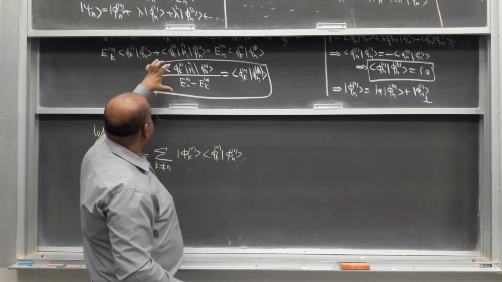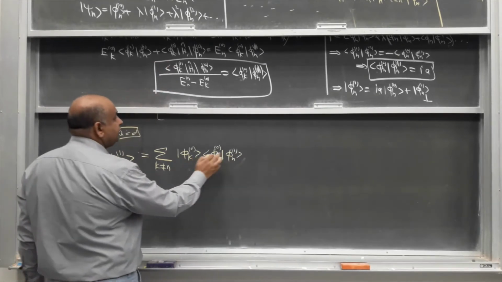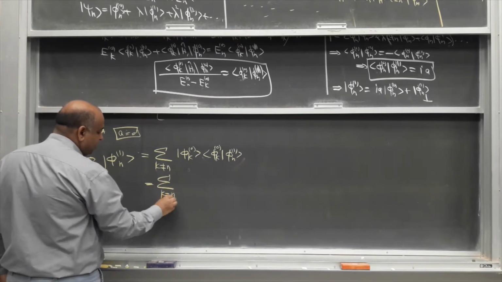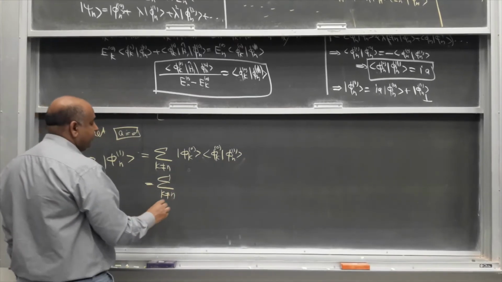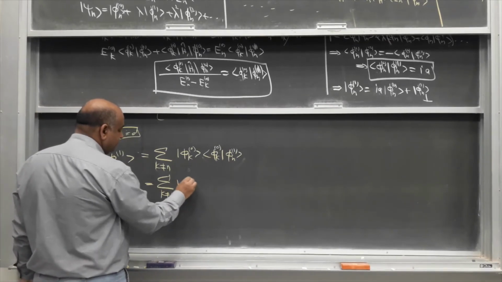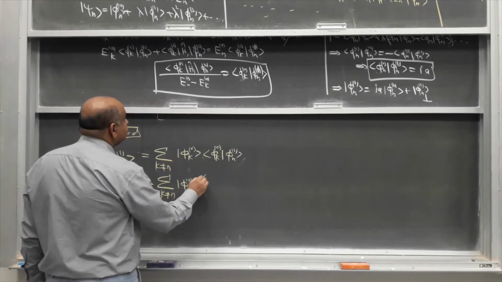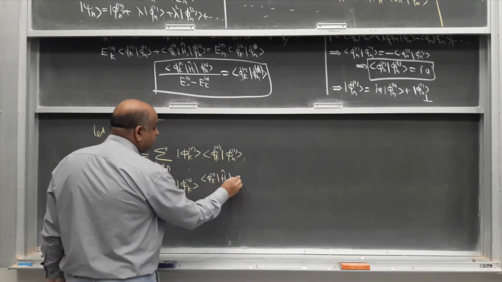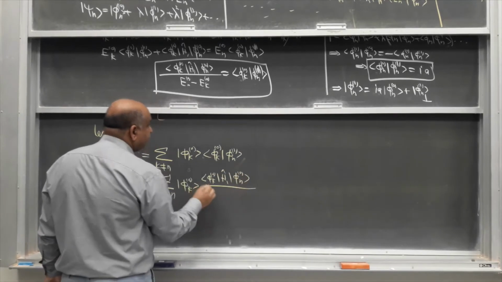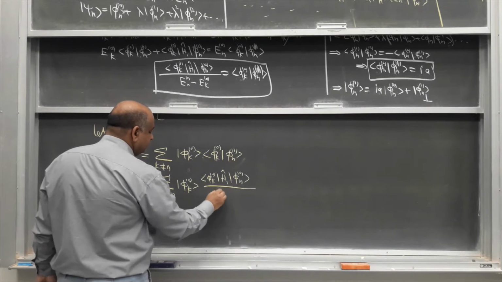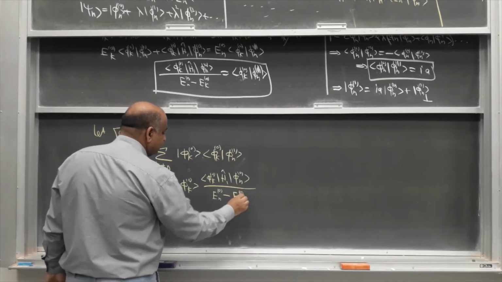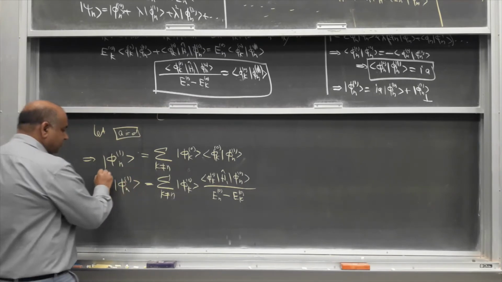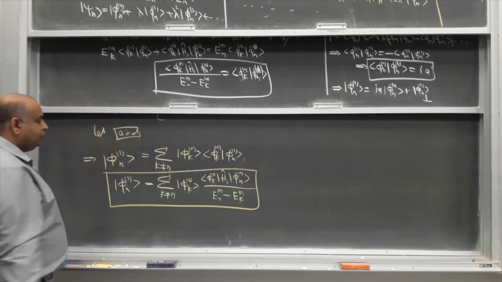If you see right here, let me put the expression for this from here, and I get the sum over all k's except when k is equal to n, phi k0, phi k0, h1, phi n0, over en0 minus ek0. So this is the correction to the wave function.